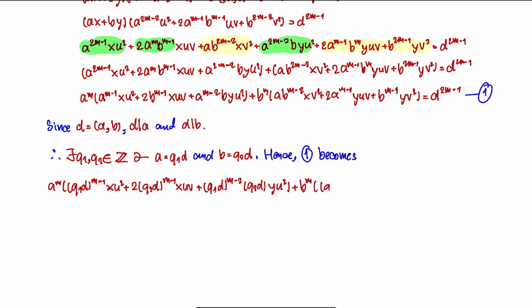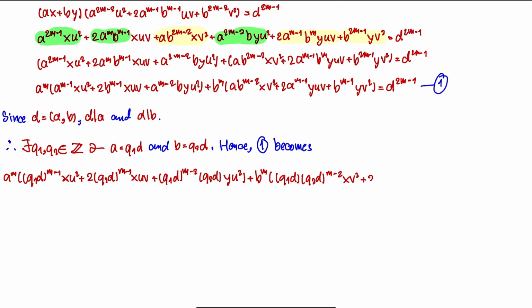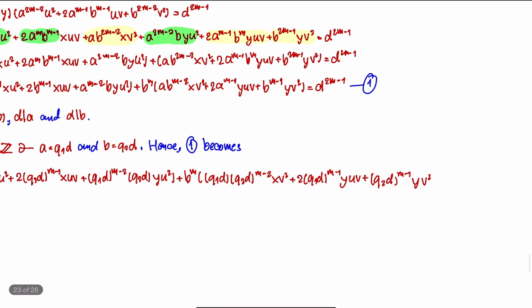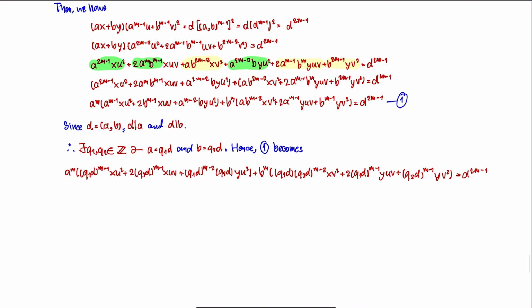What is a? A is q1 d, and what is b? b is q2 d raised to the m minus 2 x v squared, plus, what is a? a is q1 d raised to the power of m minus 1 y u v plus q2 d, right? This term right here becomes q2 d raised to the power of m minus 1 y v squared, and equals d to the 2m minus 1.